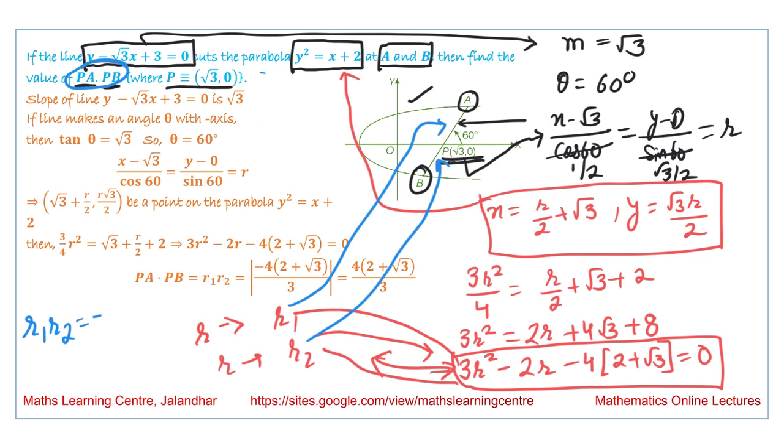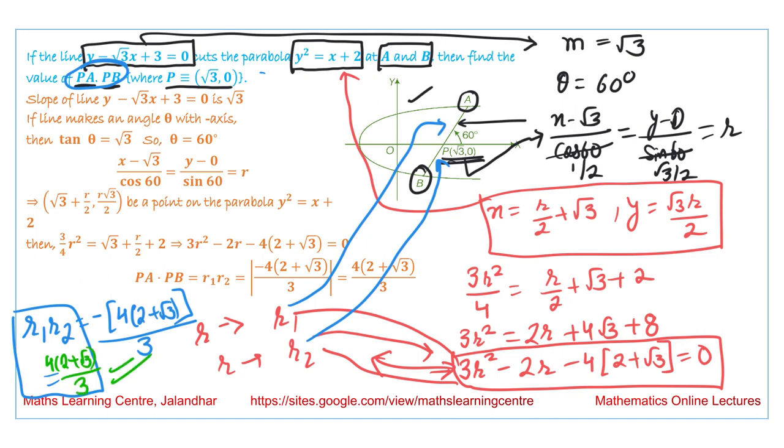So that will be equal to minus 4 into 2 plus root 3 divided by 3. So the value we obtain for R1 into R2 is 4 into 2 plus root 3 divided by 3. So this is the value of R1 into R2, that is PA into PB.